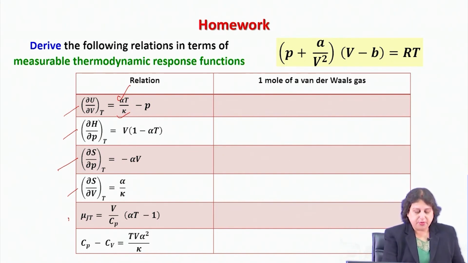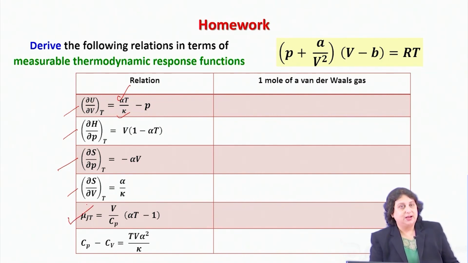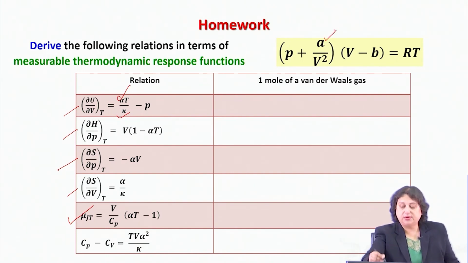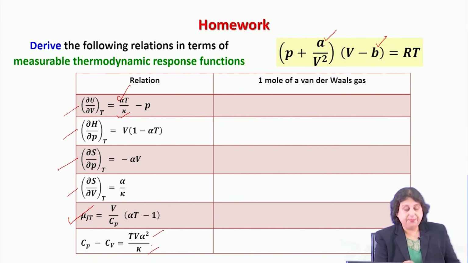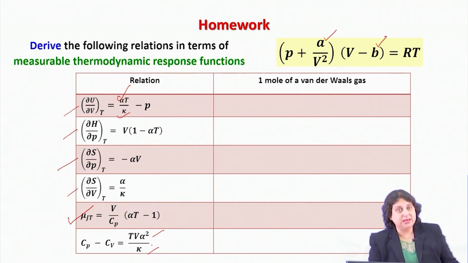Similarly, this is a very important exercise that you see here, and this is the Joule-Thomson coefficient, and you can indeed show that mu JT will depend on the value of the characteristic constants A and B. And one can show what exactly the expression for mu JT would be. And finally, since you know alpha and kappa, you should also be able to find out what Cp minus Cv is for 1 mole of a van der Waals gas.